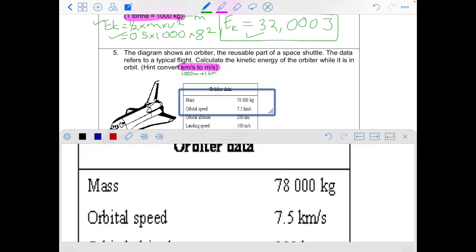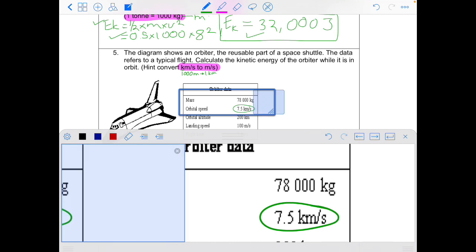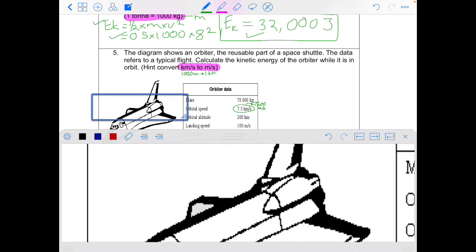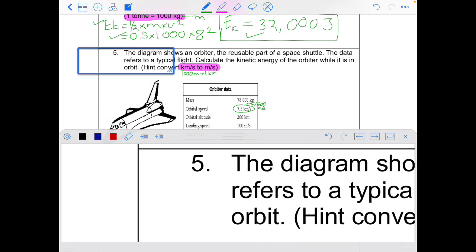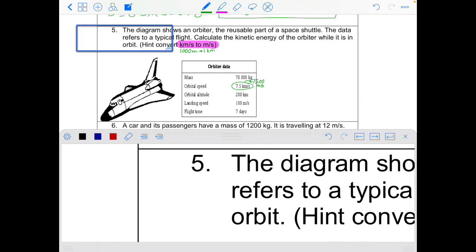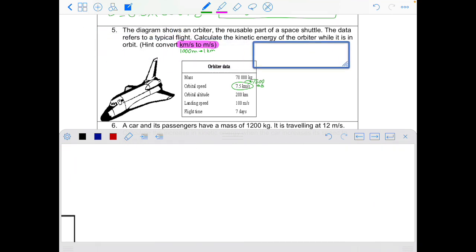So when we are at 7.5 kilometers per second, we multiply that by 1,000. So we're at 7,500 meters per second. With that, you should be able to do this example. So go through it, pause the video, give it a go, and restart once you have the answer.